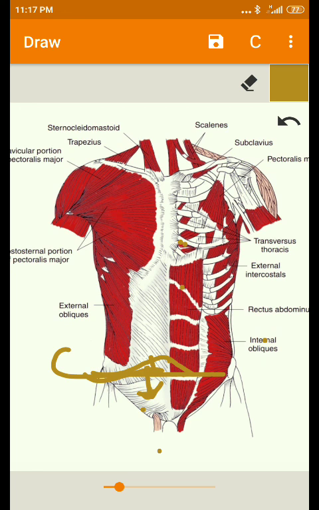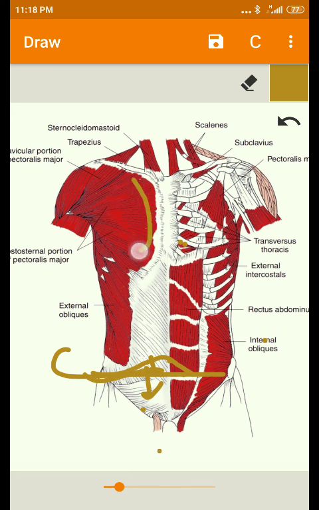Okay, so finally, what are the accessory muscles which help in inspiration and which help in expiration? The accessory muscles which help in inspiration are the sternocleidomastoid muscle and the sternocostal portion of the pectoralis major muscle.